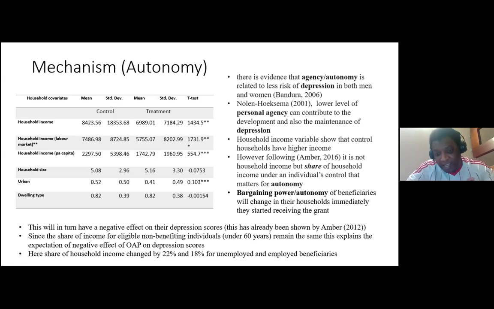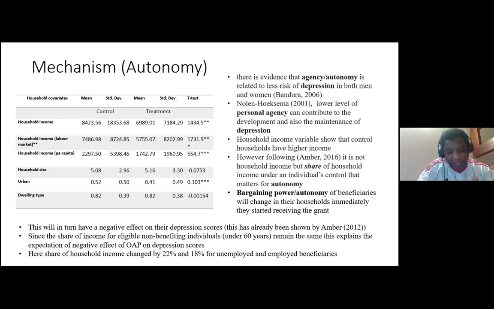We expect that increasing the share of the household income you control should reduce depression score, because then you can allocate resources to things you care about as against things other people in the household care about, in terms of bargaining.